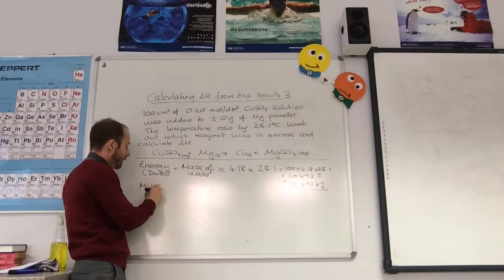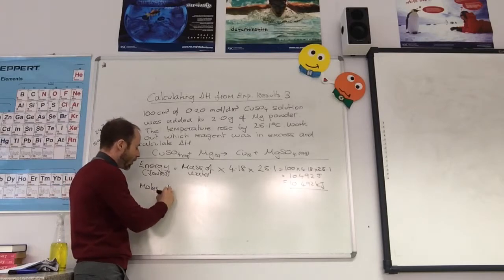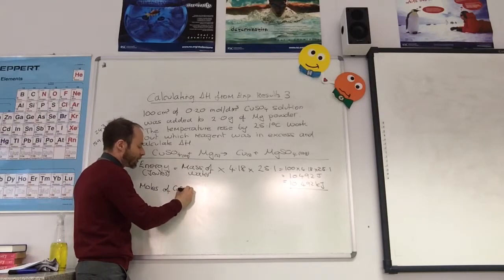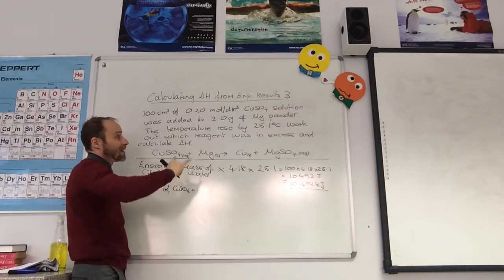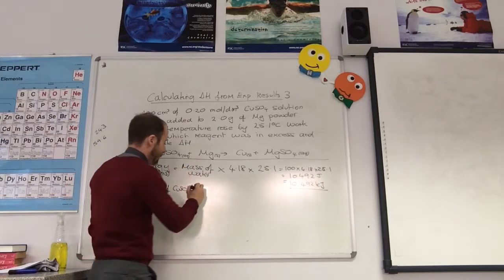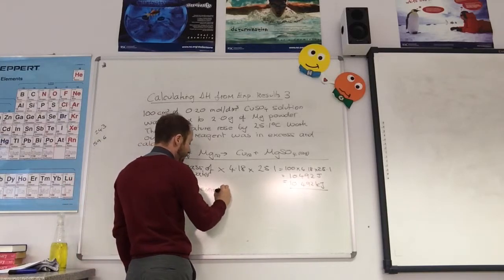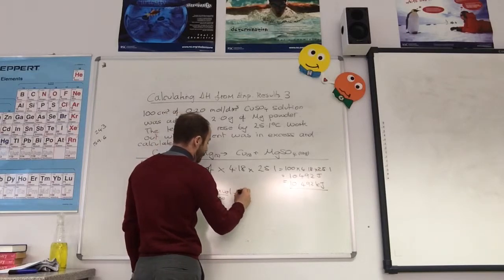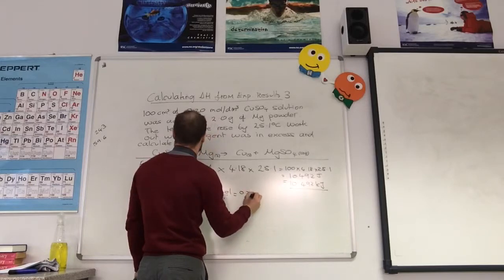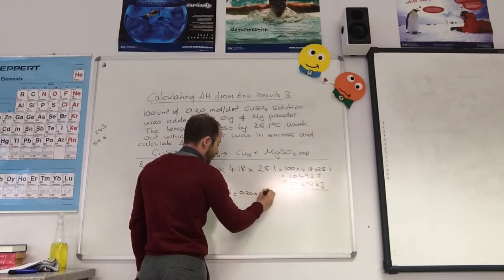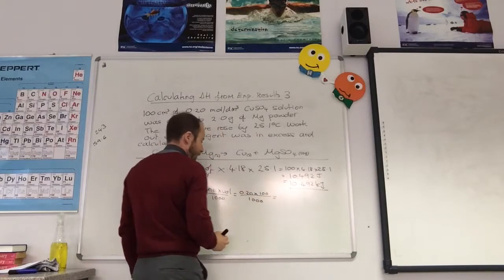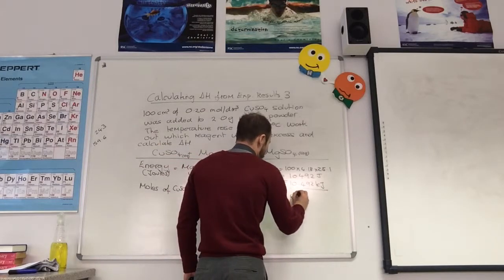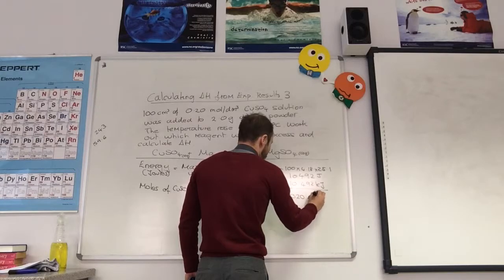First of all, let's do moles of copper sulfate that I use. It's a solution, so it's going to be concentration times volume over 1,000, which is going to be 0.20 times 100 over 1,000, which is going to be 0.020 moles.